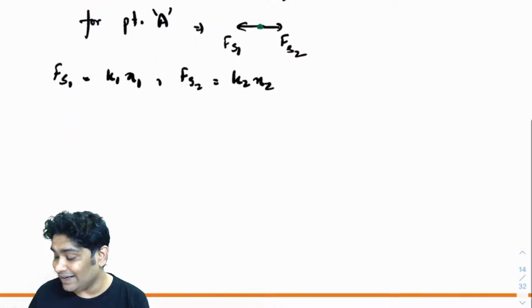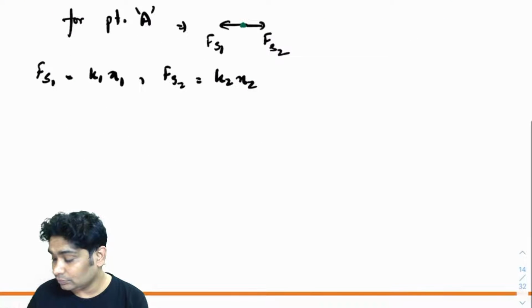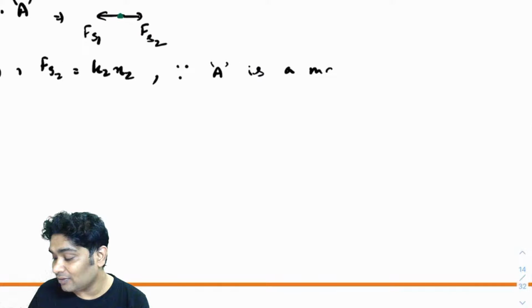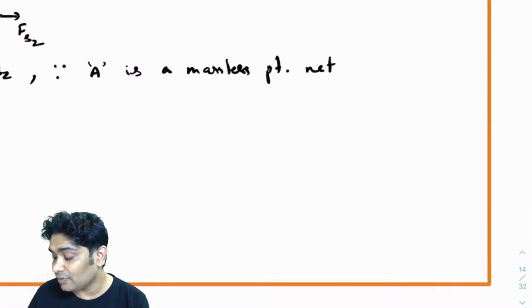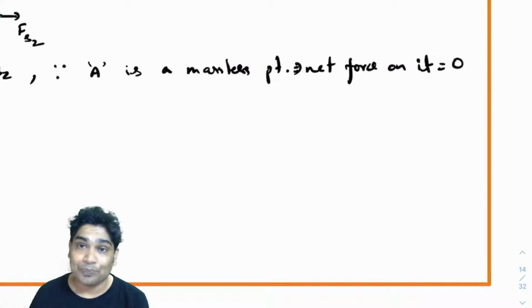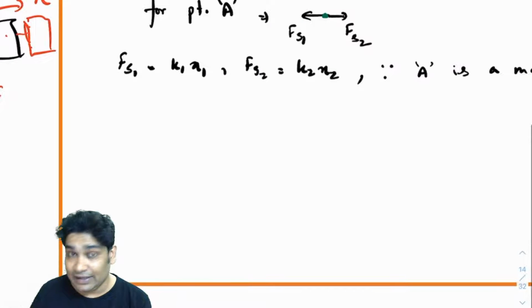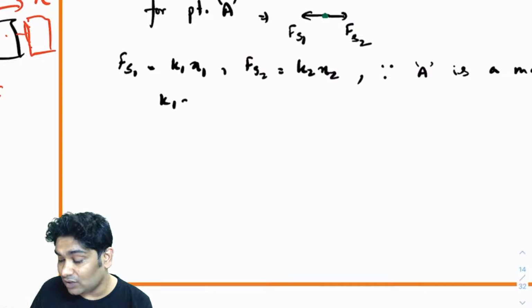Let's write that also. Since A is a massless point, the net force on it must be zero. If I apply this condition, then K1 x1 should be equal to K2 x2.